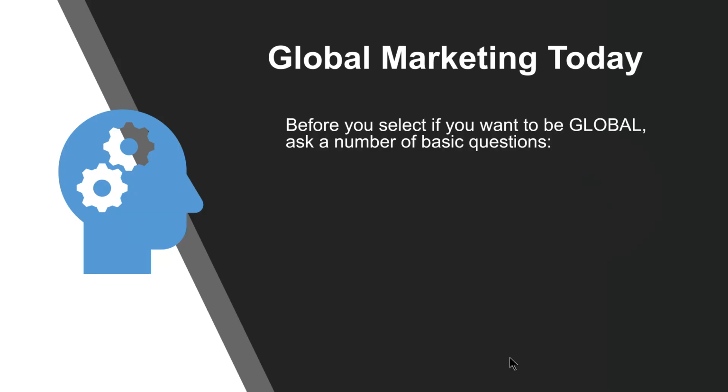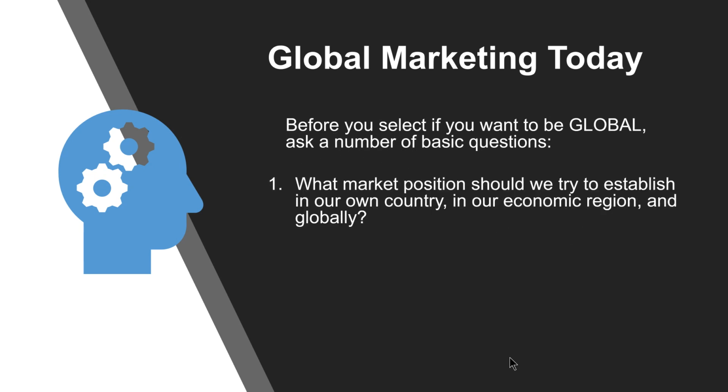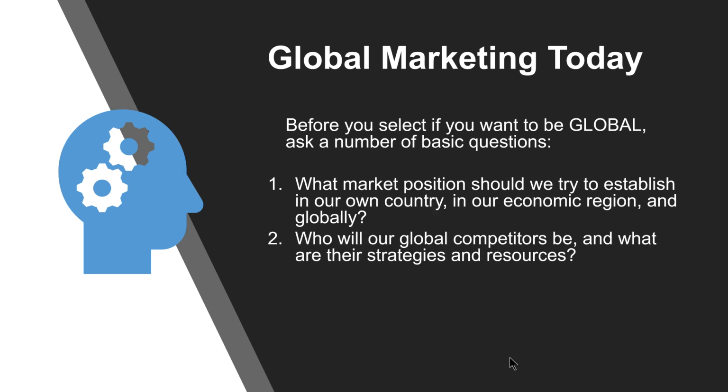So before we get started, you want to select your strategy based off of a few basic questions. One is, what market position should you try to establish in your own country, economic region, and globally? So you're, again, defining your goals. The second one is, who will your competitors be and what are their strategies?